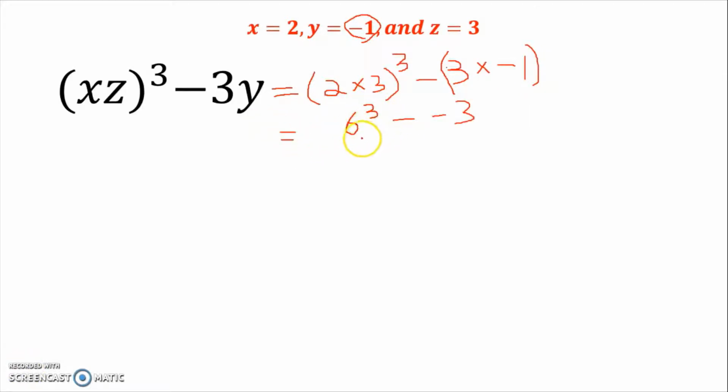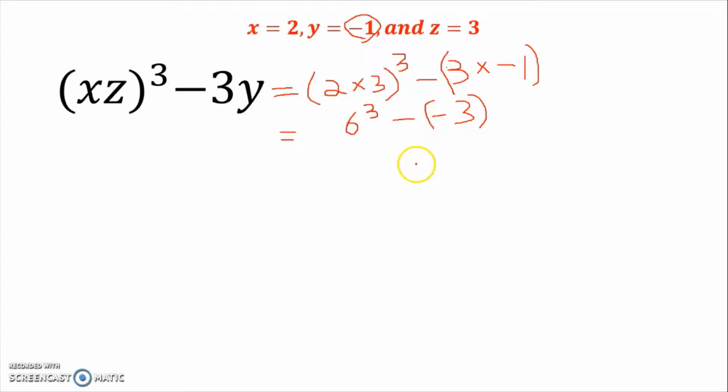So from that we get 6 cubed minus negative 3. 6 cubed because 2 times 3 is 6, and then we bring down the cube, we bring down the minus sign, and 3 times negative 1 is negative 3. Now we have two negative signs, or two same signs next to each other here.